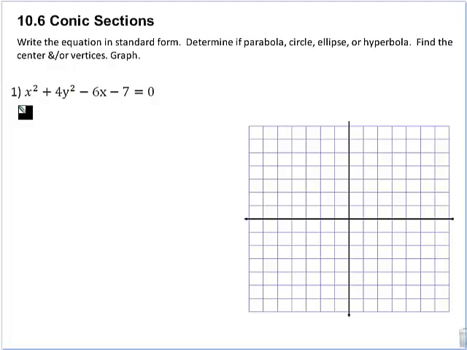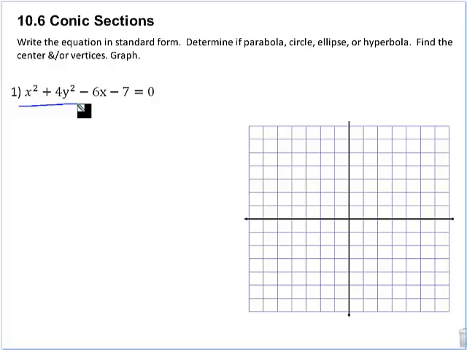The x and y are both squared, so it is definitely not a parabola, right? What's something else that we can see about it? It doesn't equal 1 yet, you're right, but we'll get it to that form eventually. We are adding between the x squared and the y squared, so that means we have either a circle or an ellipse.